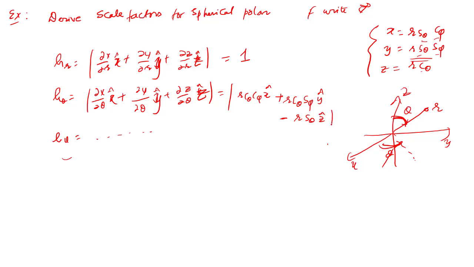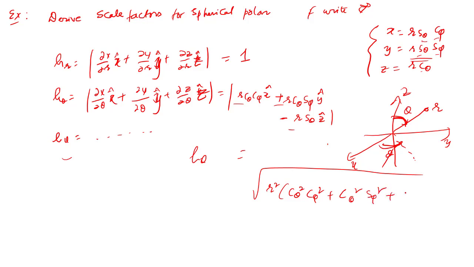Now if you take the magnitude of this for h theta, I would have the square root of r squared, which is common throughout, times cos squared theta cos squared phi plus cos squared theta sin squared phi plus sin squared theta. Again, you can see that cos squared phi and sin squared phi add up to 1, and the result of adding the first two terms is simply cos squared theta, which combines with sin squared theta to give you 1. So h theta is simply r, just like the polar coordinate system, hr and h theta there.